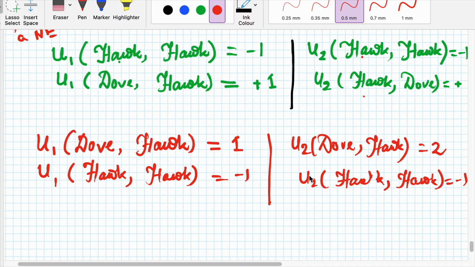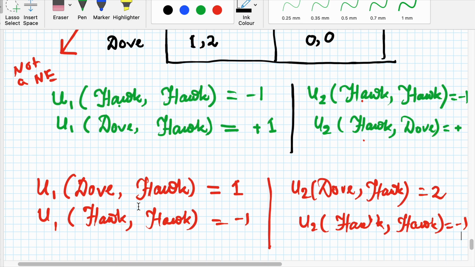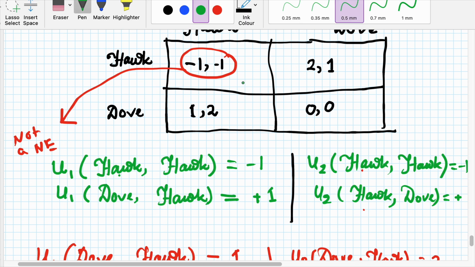So obviously there is no incentive for changing the strategy from dove to hawk. So this action profile, hawk comma dove, is a Nash equilibrium, since there is no incentive to deviate from this. So this is a Nash equilibrium.